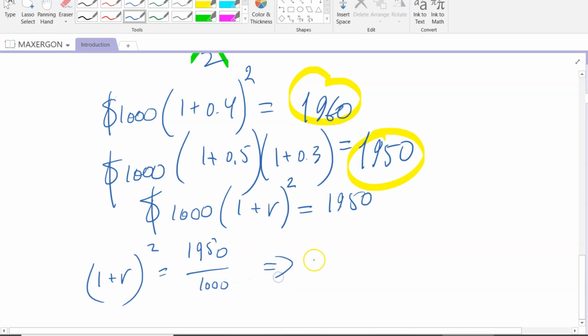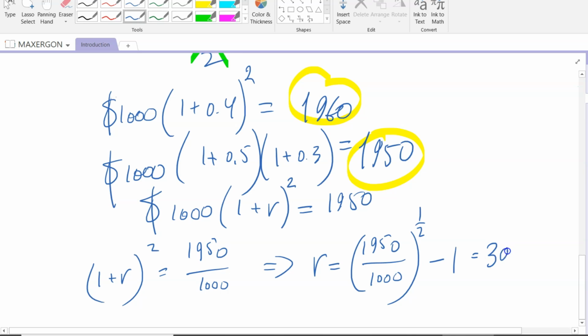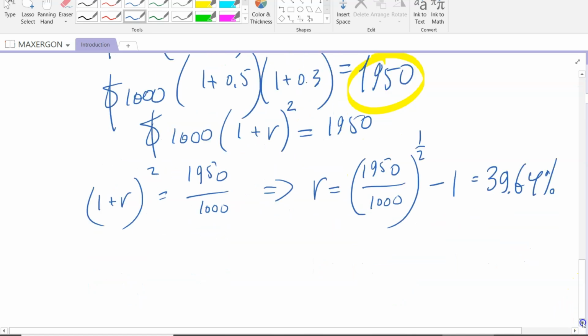And from here we can find R, which is 1,950 divided by 1,000, to the power 1 over 2, minus 1. 39.64% rounded to 2 decimals.